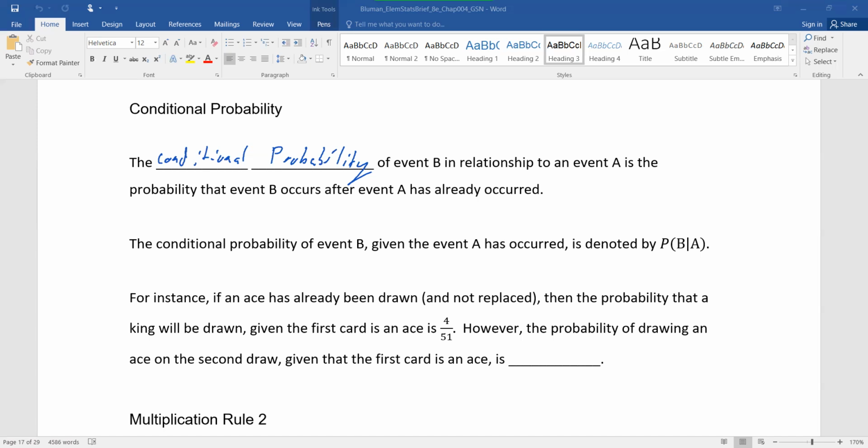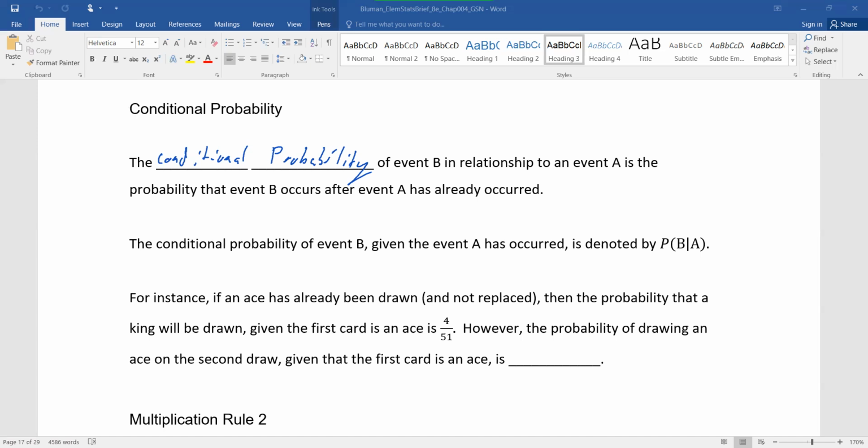So for instance, if an ace has already been drawn and not replaced, then the probability that a king will be drawn, given that the ace was drawn. The ace would be 4 out of 52.